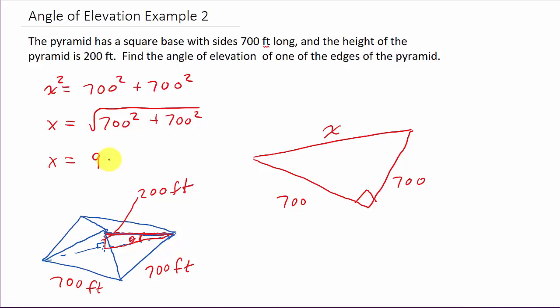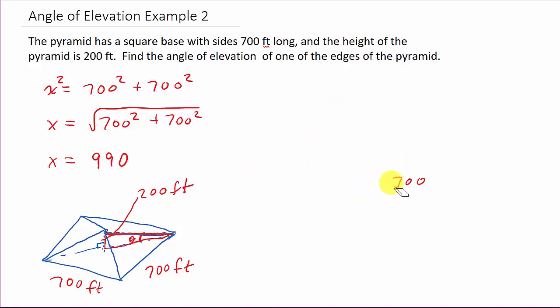I'm going to go ahead and round this to 990. Now, when you're calculating this, you might want to use the exact decimals. If you're doing online homework like MyMathLab, WebAssign, or whatever you're doing, you might want to use all the decimals because it might get kind of funny depending on how you round it. Okay, so that's this distance here. That's x.